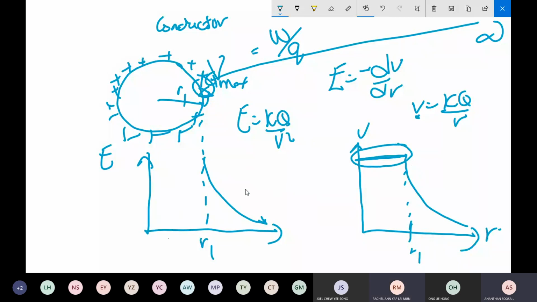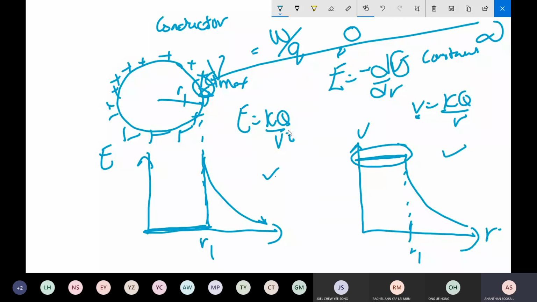A straight line, zero. When the potential is constant, the electric field strength becomes zero because electric field strength is the negative of the potential gradient. If potential is constant, it means the potential gradient is zero already. Flat line, zero.